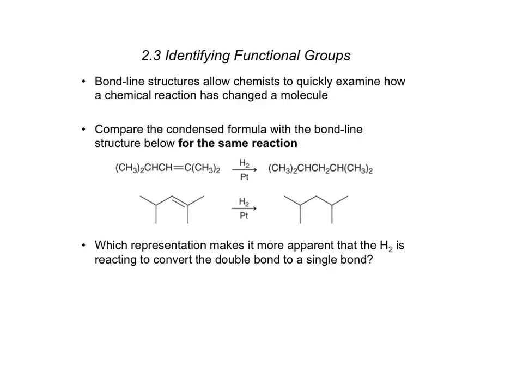Okay, so next we're going to talk about functional groups. One thing that's really nice about bond line structures is that in looking at a bond line structure, you can easily see whether or not something has changed or what has changed, etc. So for example, let's say that we have this reaction down here where we've drawn the condensed formula, where we have all of the CH3s together, etc. We do show the double bonds.